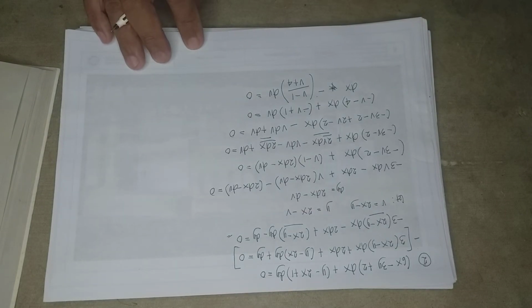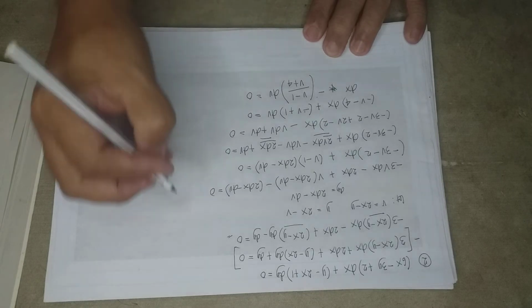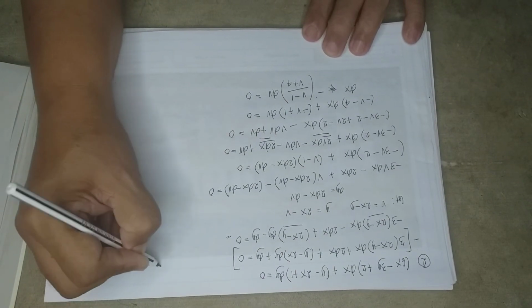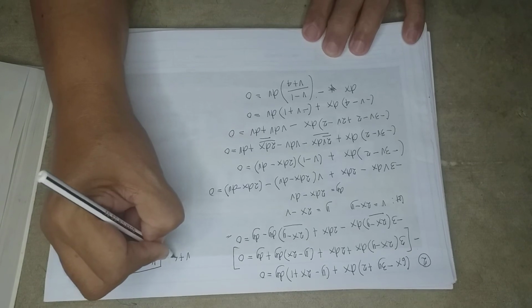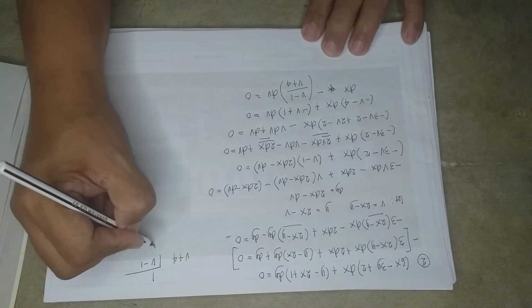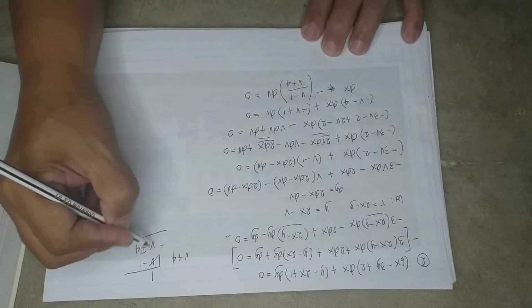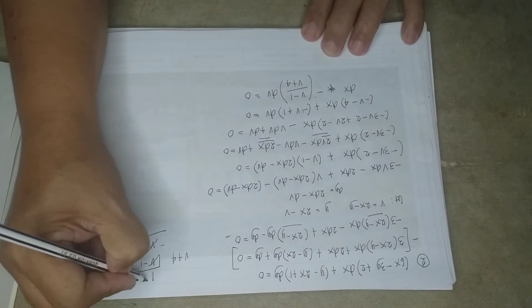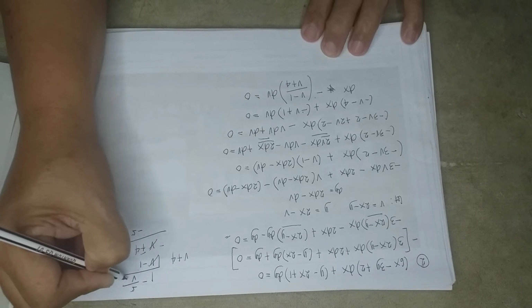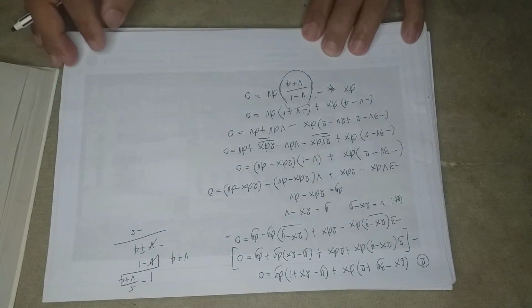So again, we have to divide v minus 1 by v plus 4. So we have v minus 1 divided by v plus 4, or we have 1 minus 5 over v plus 4. So we may replace this with 1 minus 5 over v plus 4.